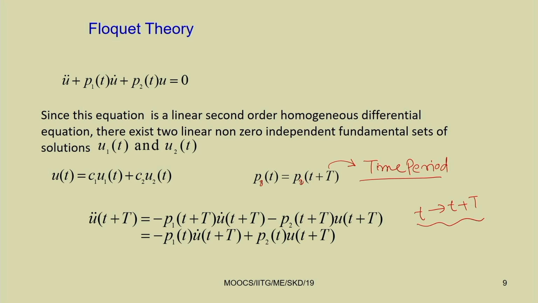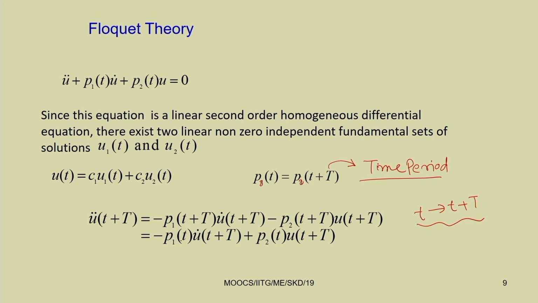So, u double dot of t plus T will be equal to minus p1(t plus T) u dot(t plus T) minus p2(t plus T) u(t plus T), since we have taken these two terms to the right hand side. Already you know that p1(t plus T) equal to p1(t) and p2(t plus T) equal to p2(t).